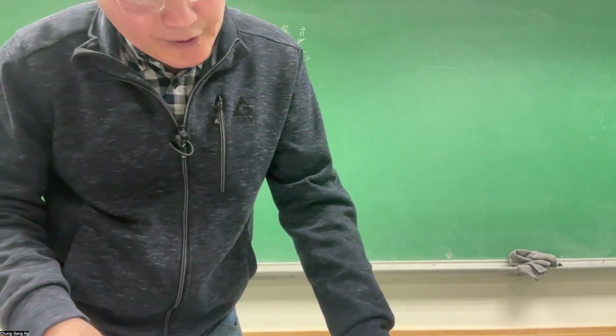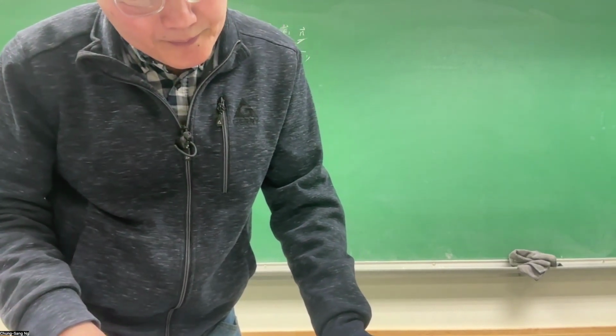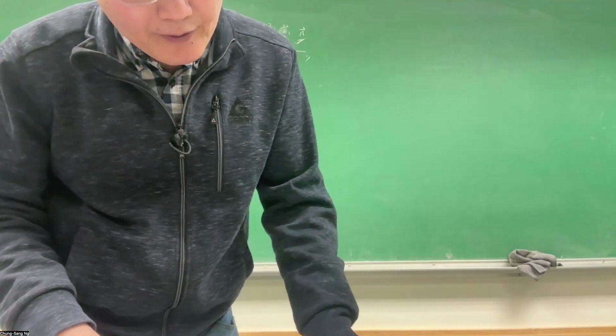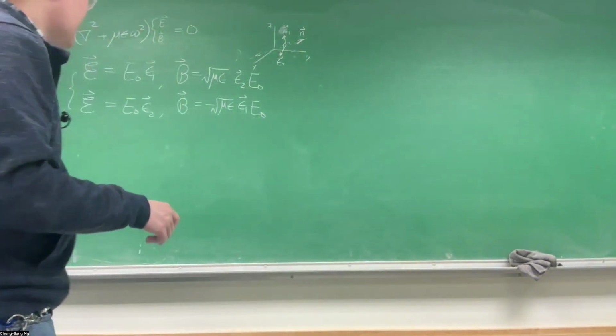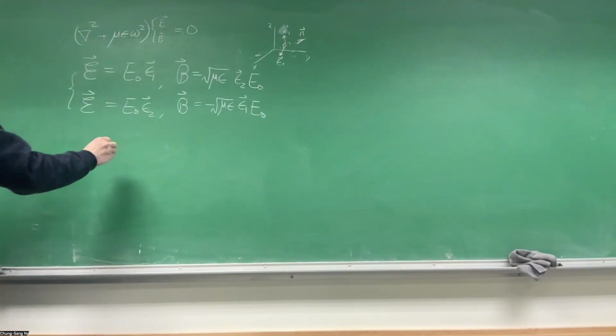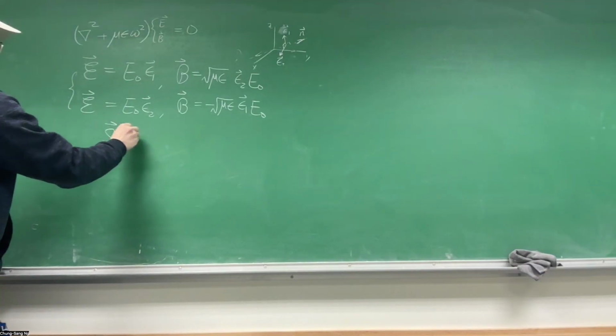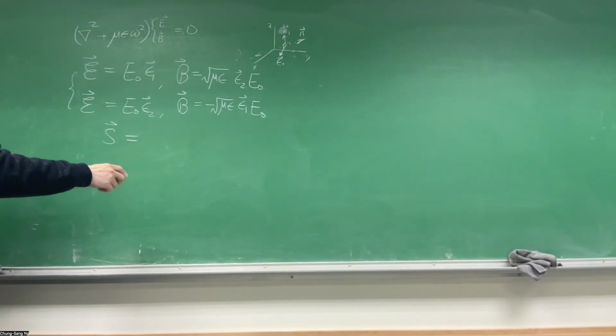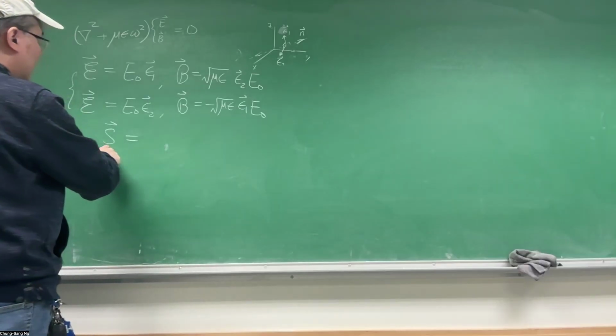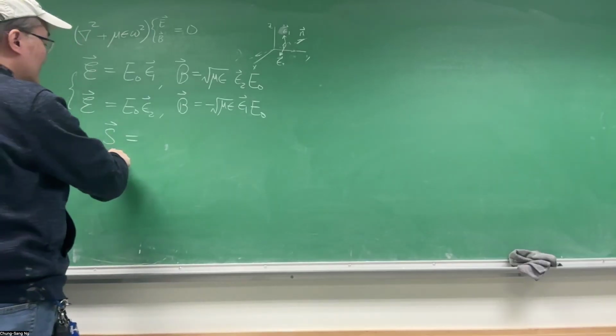Now we talk about the energy of the wave. First, the Poynting vector. The Poynting vector S, for a single frequency wave, equals E cross H, right?